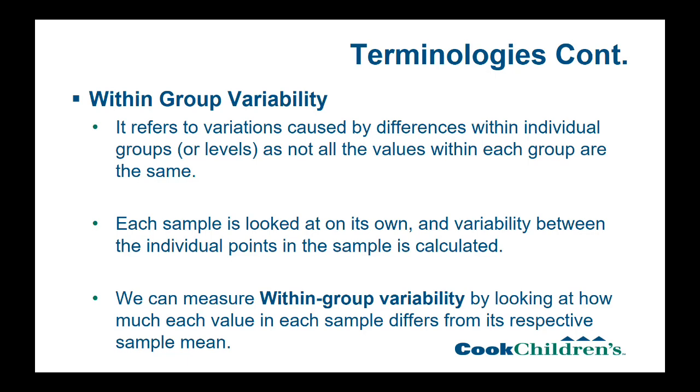Each sample is looked at on its own, and variability between the individual points in the sample is now calculated. You do that by measuring how much each value in this group differs from its respective sample mean.